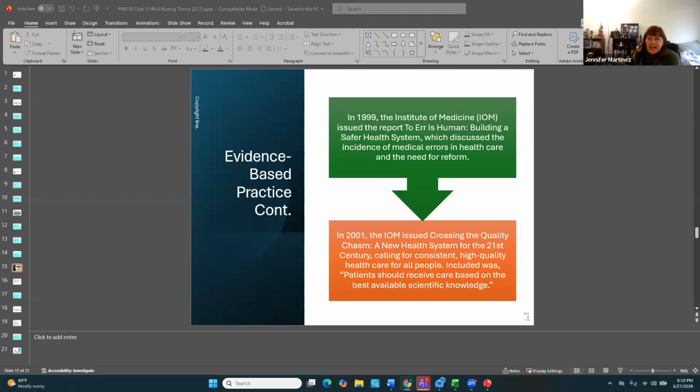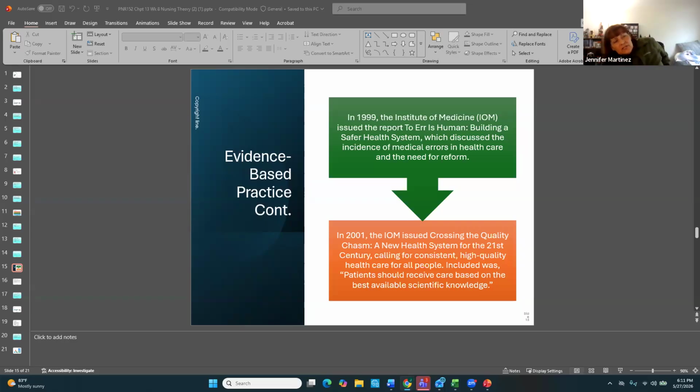They did a follow-up to the 1999 IOM study, and I can't remember if it was 10 or 20 years later, but there wasn't a significant impact.